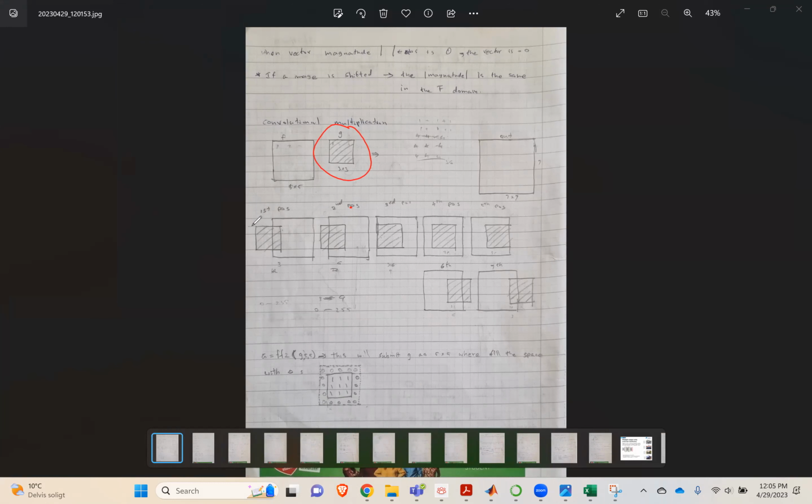It should enter from this direction, 3 by 3. The second position should be like this, and the third, and fourth like this. So you do convolution like this, and second like this, like that.